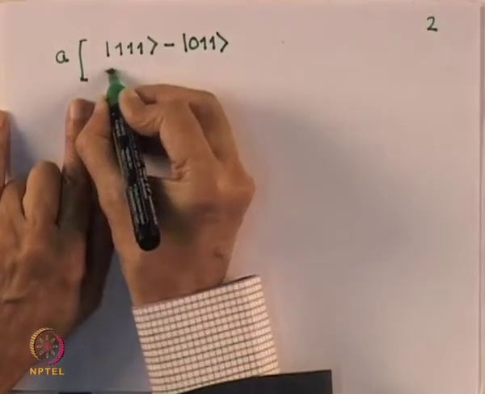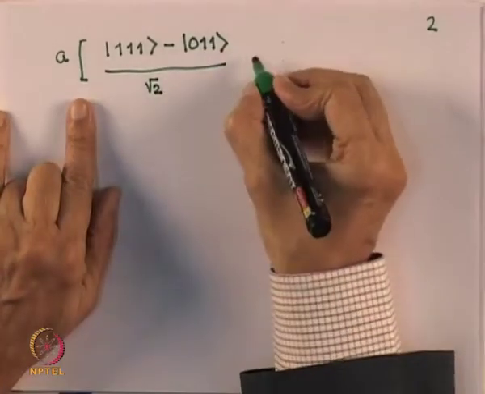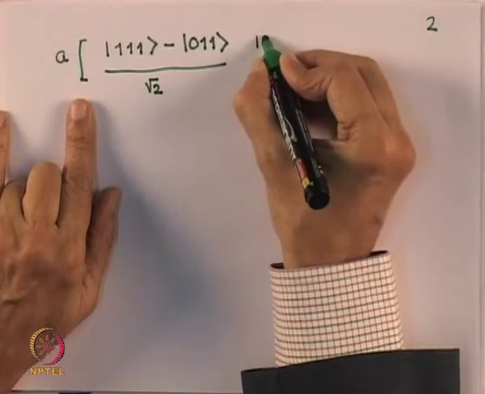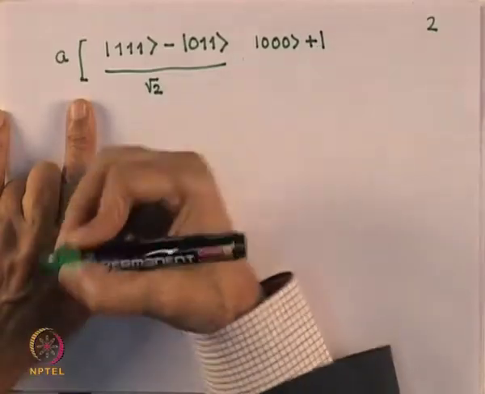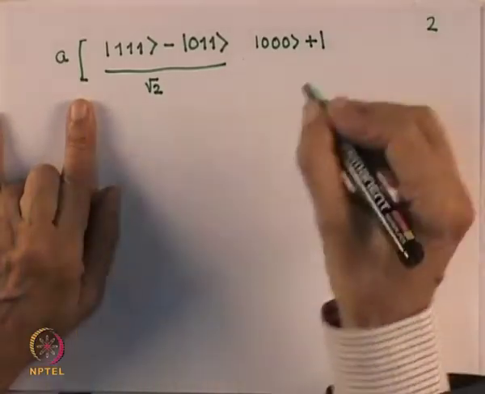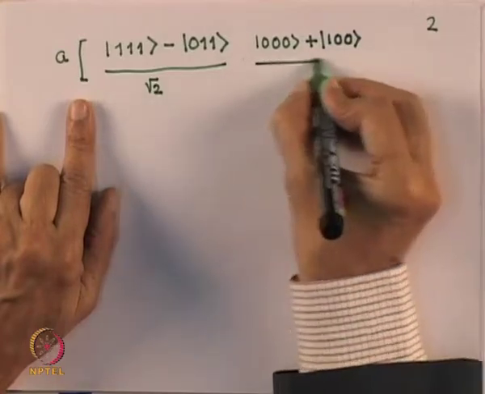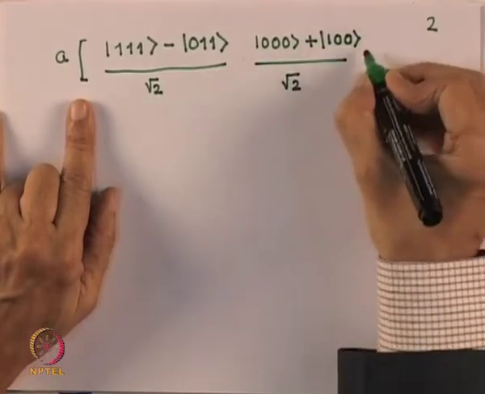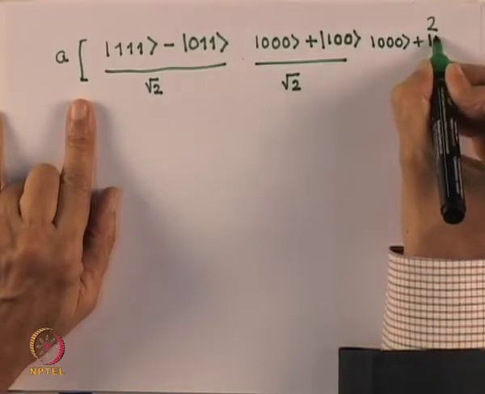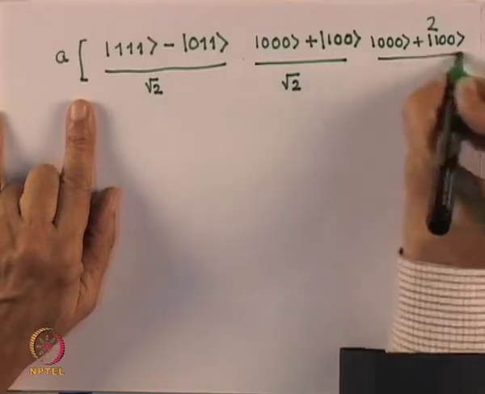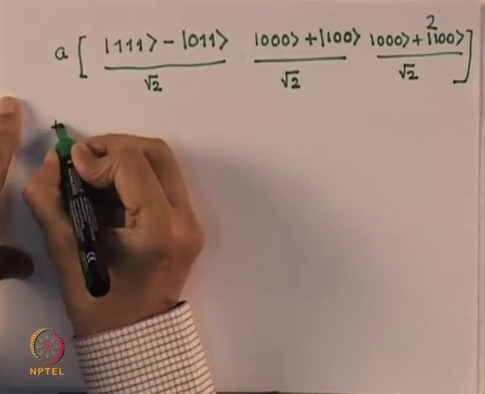So therefore they remain the way it was, this divided by square root of 2, this into 0 0 0 plus, remember qubit 4 is the control now, and that is already 1. So therefore these will become 0 0 by square root of 2, and likewise the same thing, 0 0 0 plus 1 0 0 by square root of 2. Not much is happening to the second and the third block because that's the way I am dealing with it.